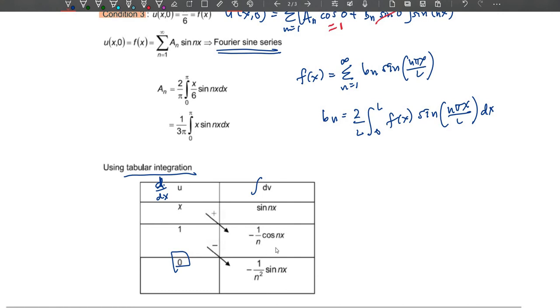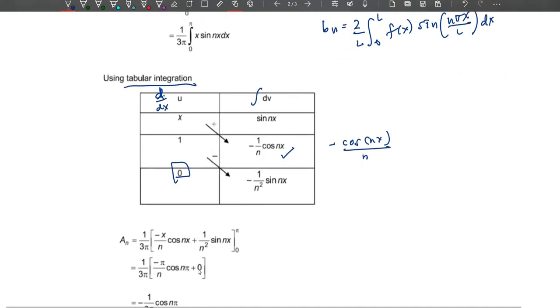Once again, it's better for you to write it like this. Avoid writing your answer in the other form, because there are always going to be silly mistakes where you can miss the n. For u, differentiating x gives 1, differentiating 1 gives 0. Here it would be the diagonal line. The signs should alternate, plus minus; if you have another one, it's going to be plus.